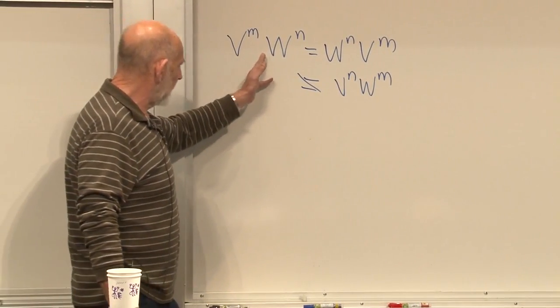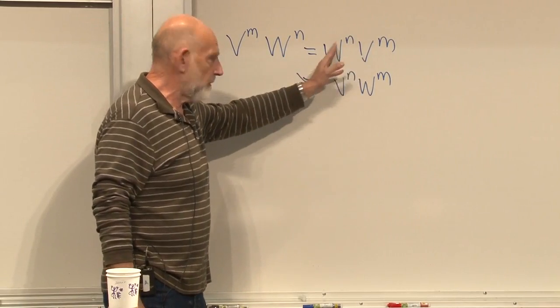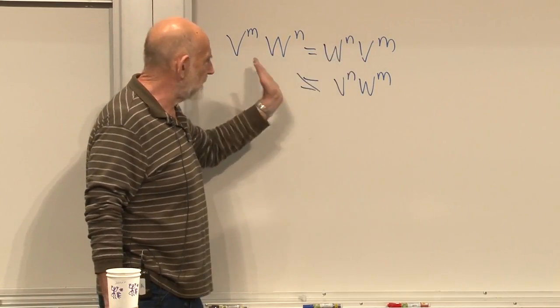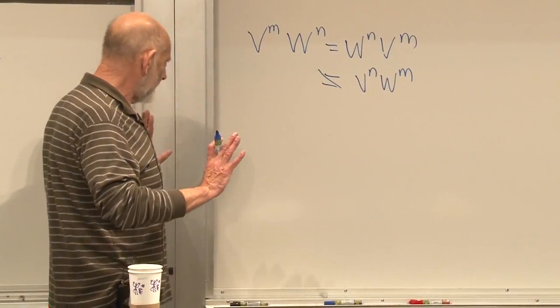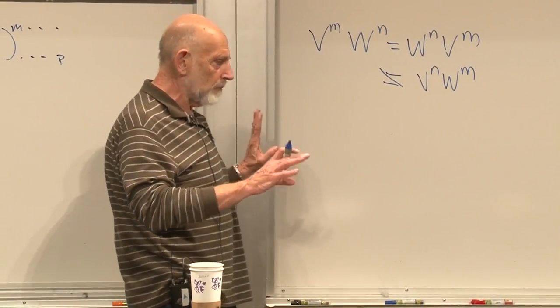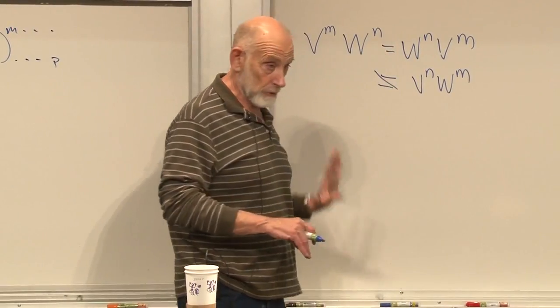V^m times W^n is the same as W^n times V^m. Doesn't matter which, 7 times 3 is 3 times 7. We're not doing quantum mechanics. Every multiplication of numbers and components are numbers.